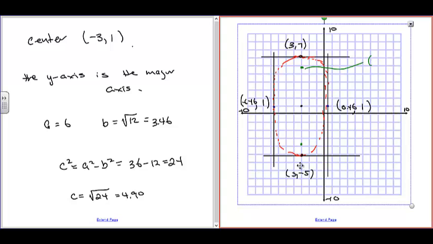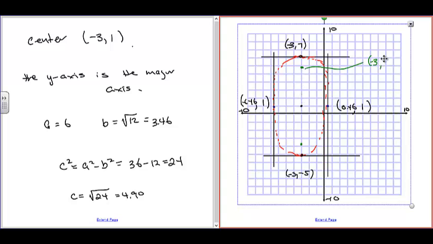And then the foci. Again, it's along this line. So it should have been negative 3. I don't know why I put 3 in there. So this is negative 3, comma. We started here at the center and went up 4.9. So that'd be 1, 2, 3, 4, 5 plus 0.9.